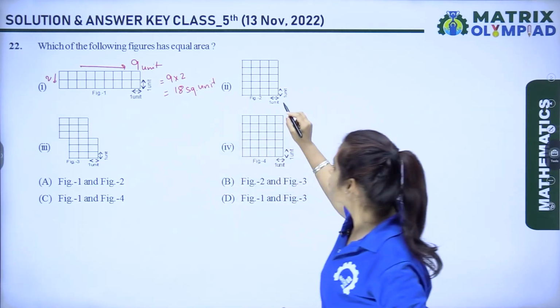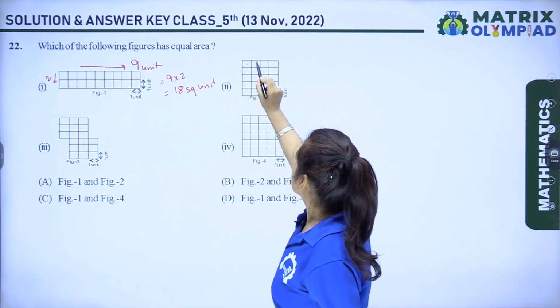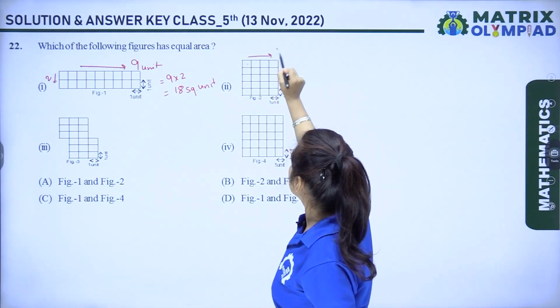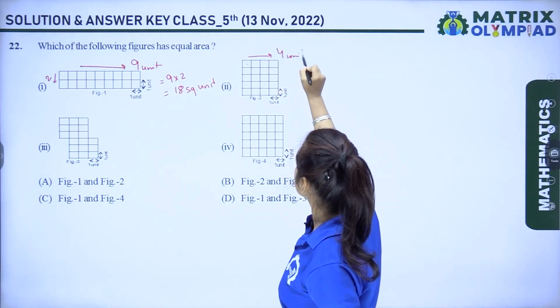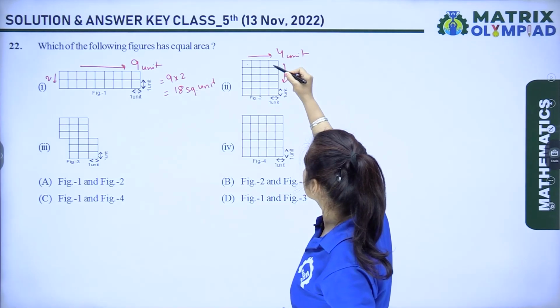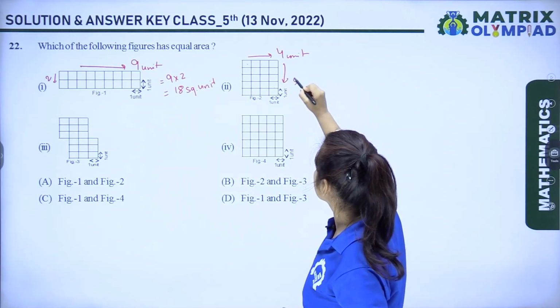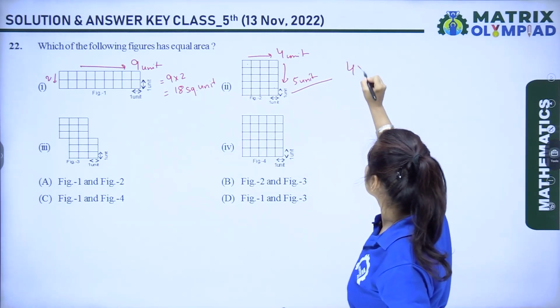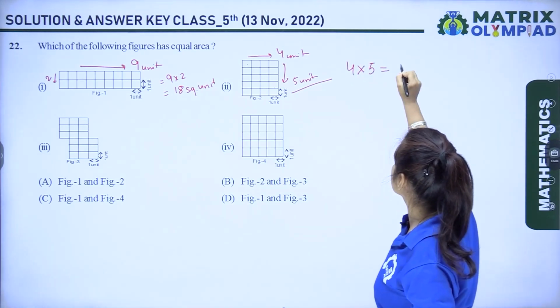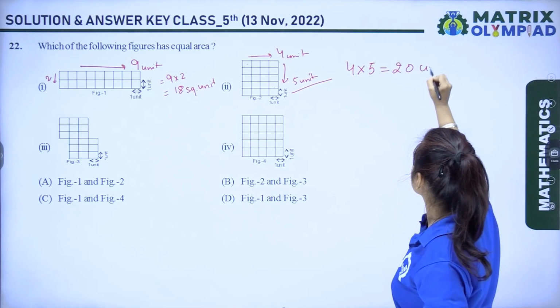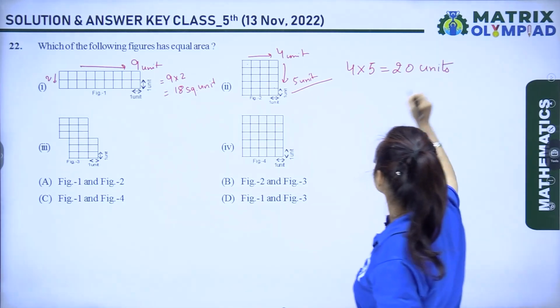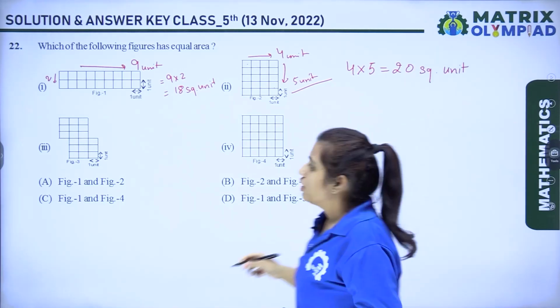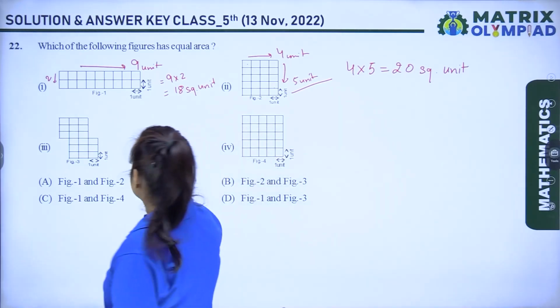Now area of second figure is 3, 4, this is 4 unit. This is your 1, 2, 3, 4, 5, 5 unit. So let's multiply 4 times 5, that is equal to 20 unit. Now the area of third figure.